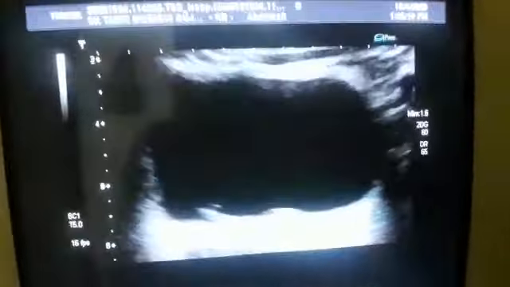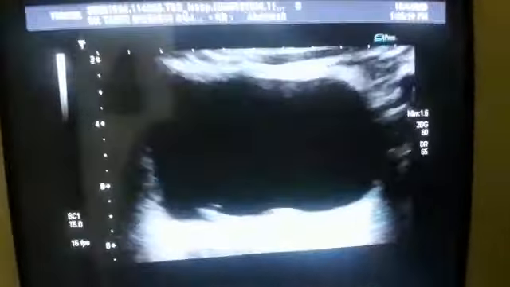Now in this patient the uterus has been removed surgically, and this is the vaginal stump. This is the vagina, and this is the vaginal stump. Now from this region, it is almost difficult to separate it from the urinary bladder. Now this is the urinary bladder with the stone.